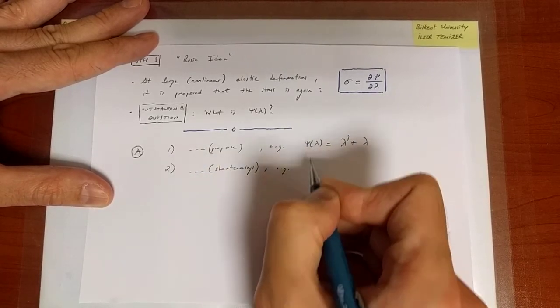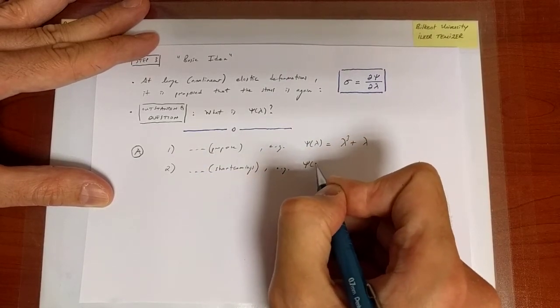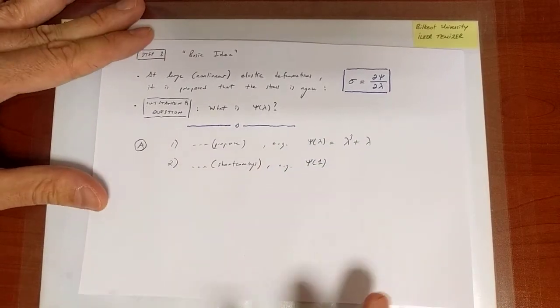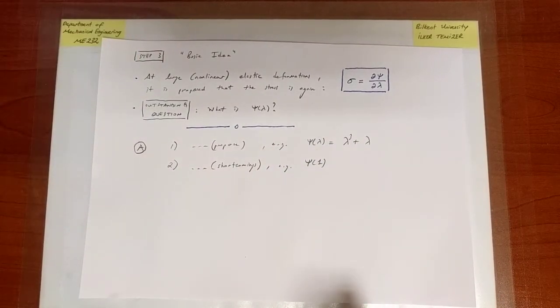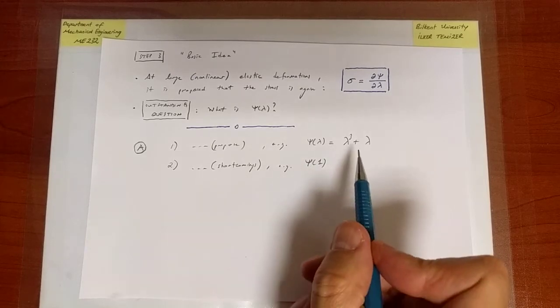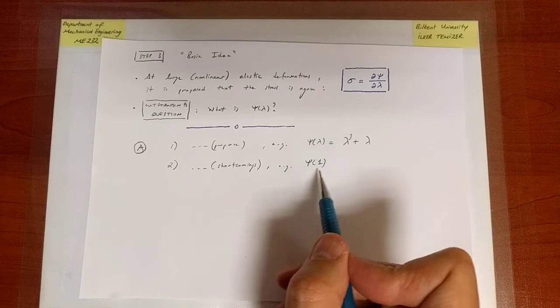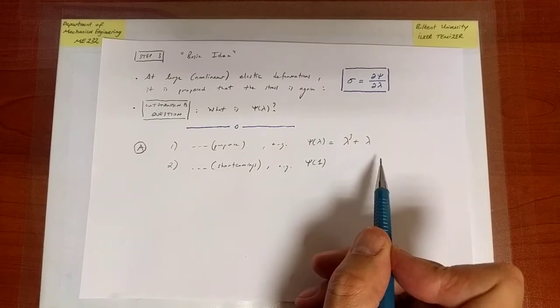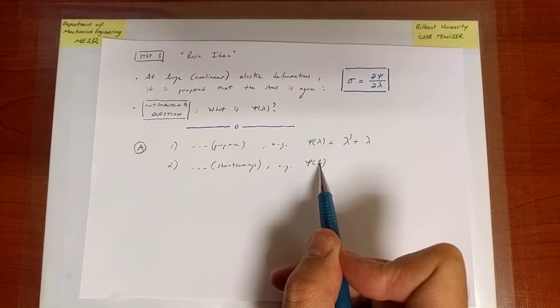So, for instance, if I take that one and plug in lambda equals 1, what does that mean? Lambda equals 1 means stretch of 1, in other words, strain of 0, no deformation. Well, if there is no deformation, what do I expect about the amount of energy that's stored per unit volume? It should be 0. So I check whether this function delivers 0 energy stored per unit volume at no deformation.